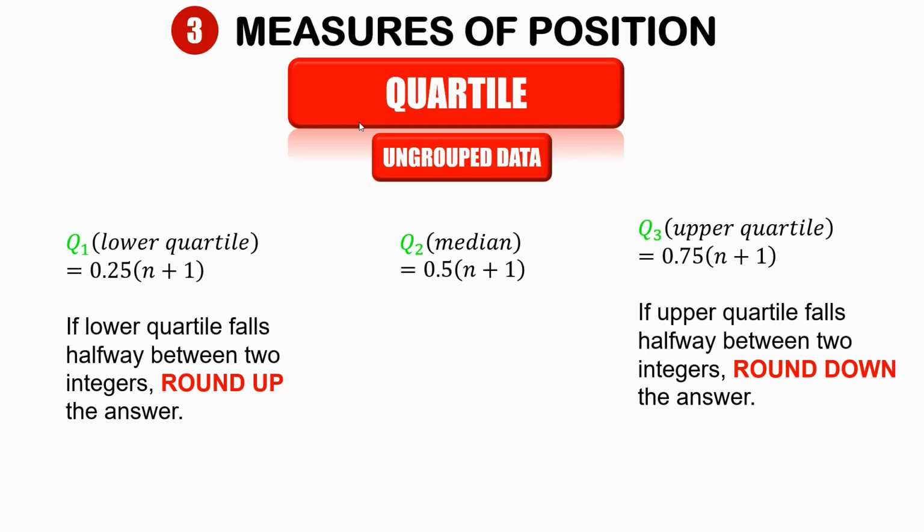Here's what rounding up for the first quartile and rounding down for the third quartile means. For the first quartile, that is the value that corresponds to the 25th percentile in your dataset.